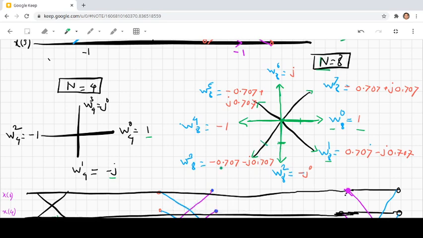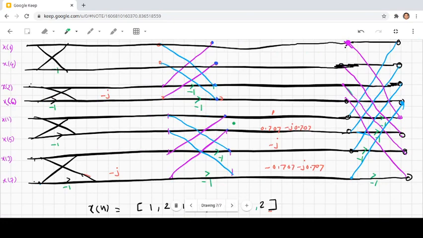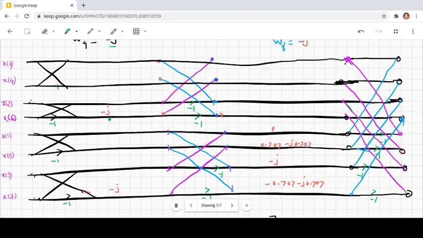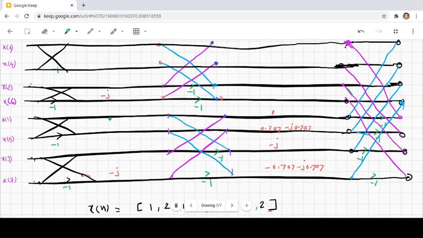W raised to 3, both real axis and imaginary axis are negative, so it is minus 0.707 minus j 0.707. So these 4 values you have to remember, other values you need not remember. And if you put all these things here, the 8-point DIT FFT diagram looks like this.